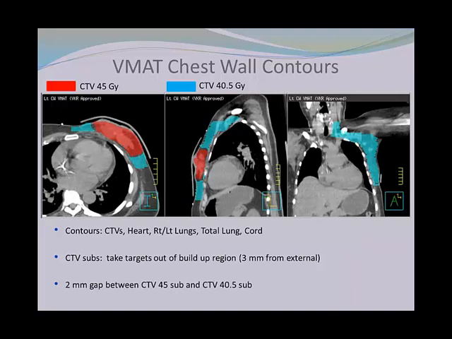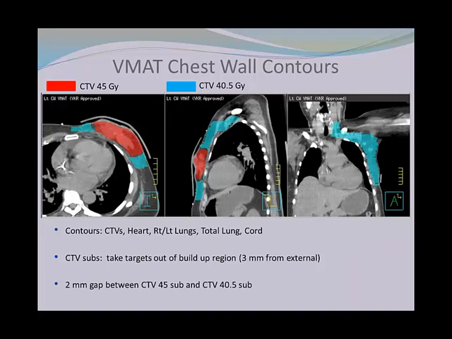For the lower arc, there's a clockwise arc going from 310 to 130 degrees with a 37 collimator angle. And then another lower arc, this one counterclockwise, starting from 132 going to 308 with a 13 collimator angle.